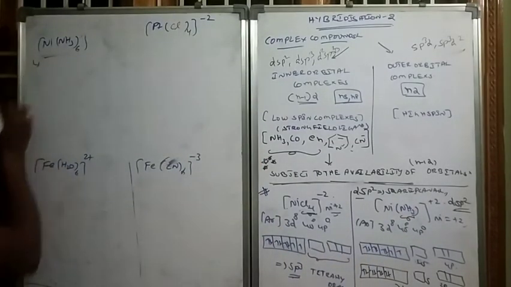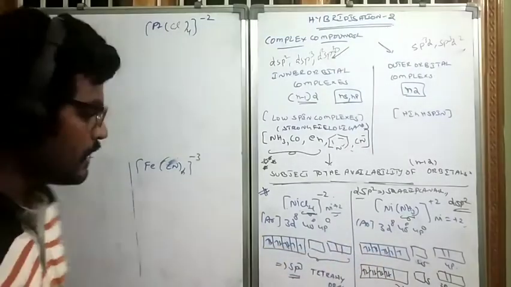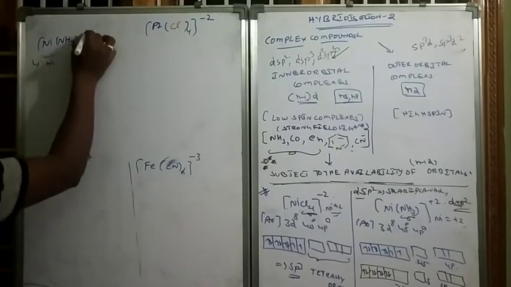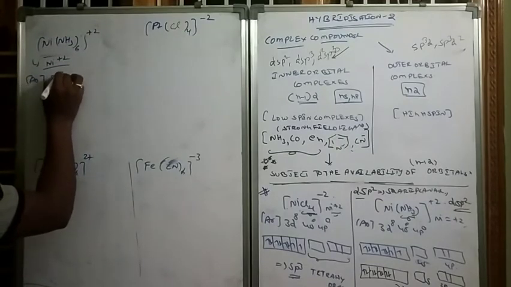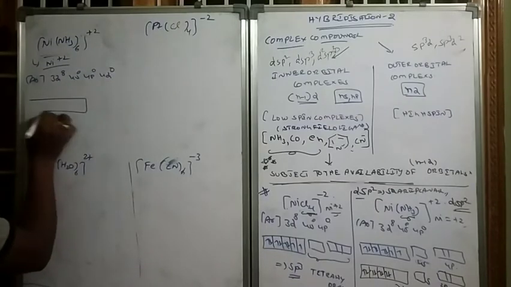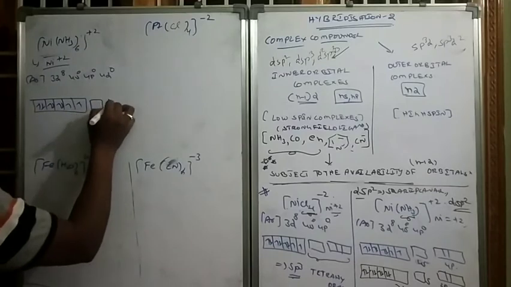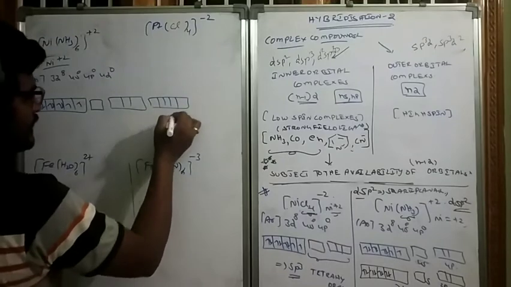And [Ni(NH3)6]2+, you see, here you might think it is an inner orbital complex, since there is a strong field ligand. Let us see. Nickel is present in +2, so argon 3d8, 4s0, 4p0, 4d0. So 3d8 means 1, 2, 3, 4, 5, 6, 7, 8, then 4s0, 4p, and here 4d will come.